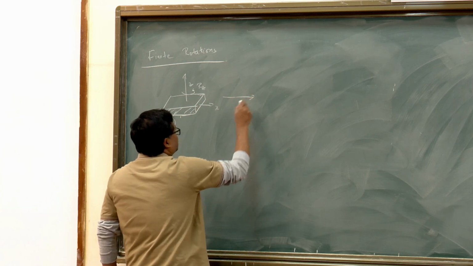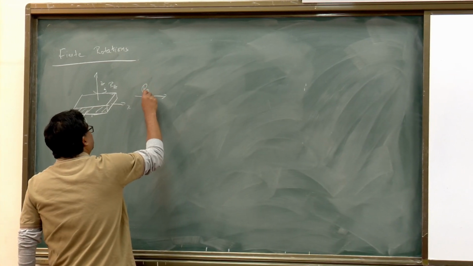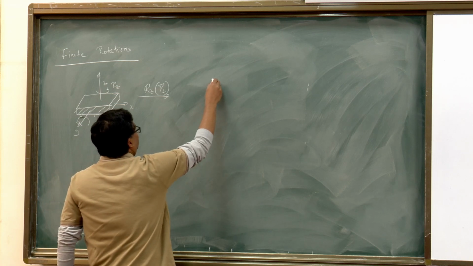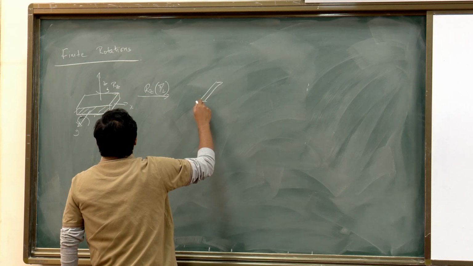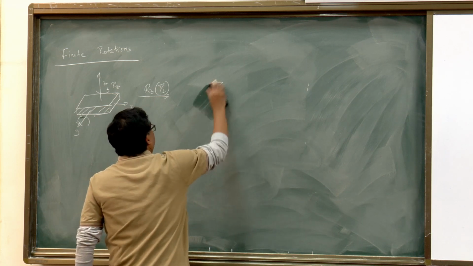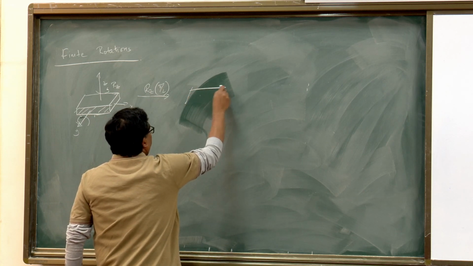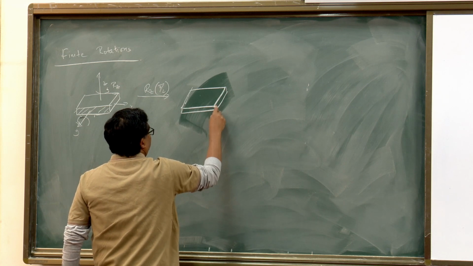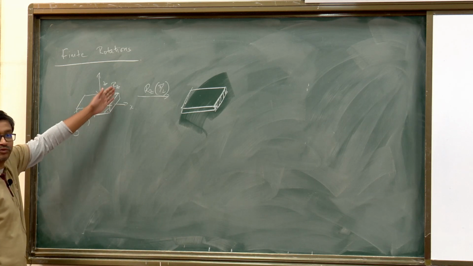So let us do a rotation around the z axis by 90 degrees. Right? So Rz by 90 degrees. So what we will get is something like this. This shaded area has moved to that side.